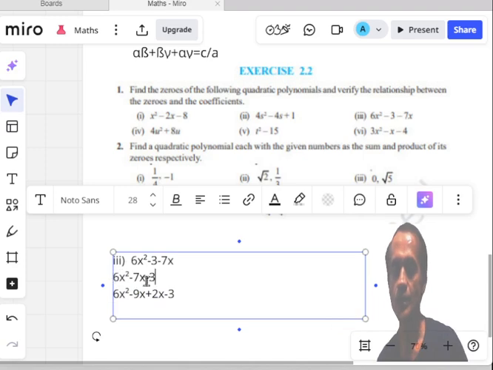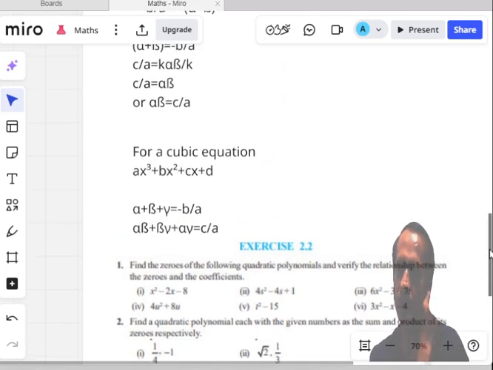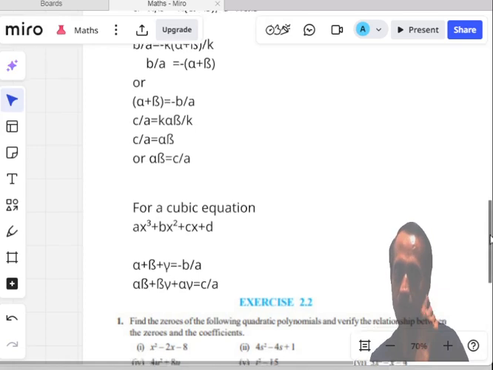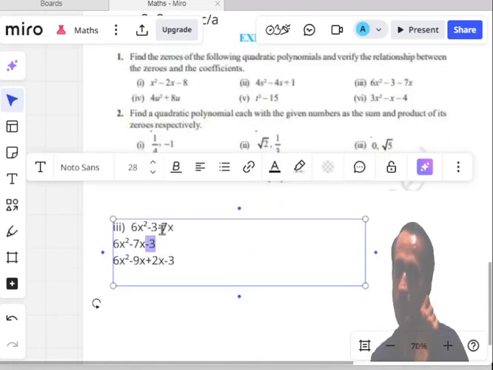How did I find how to factorize this quadratic equation? It is because the constant term here is negative, and we already know that the product of zeros is equal to c by a. Here c is minus 3 and a is 6, so c by a is minus 1 by 2.